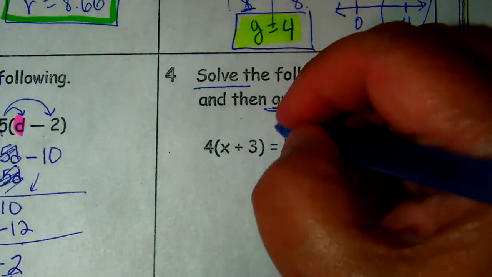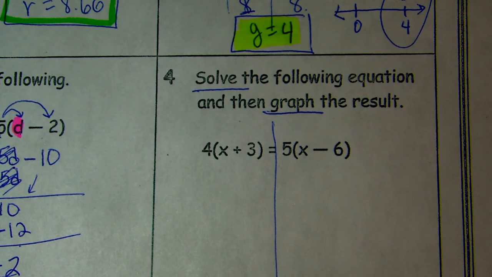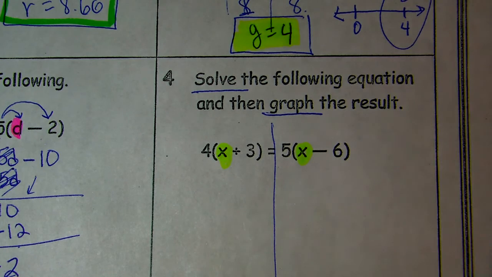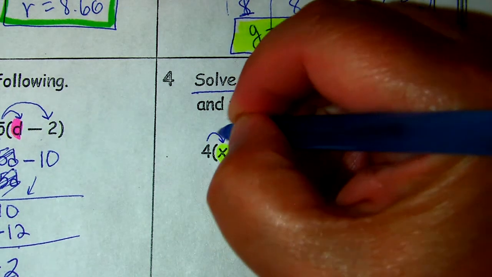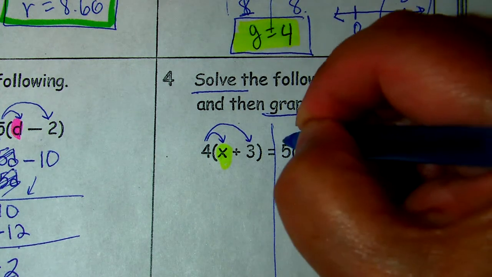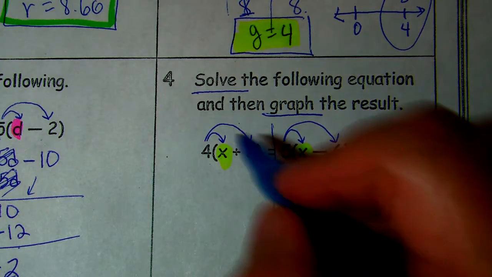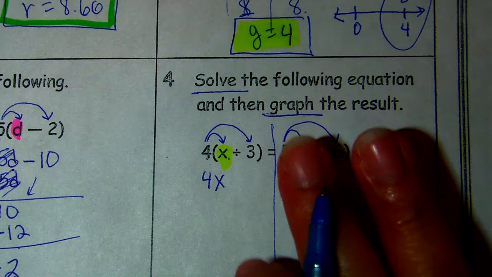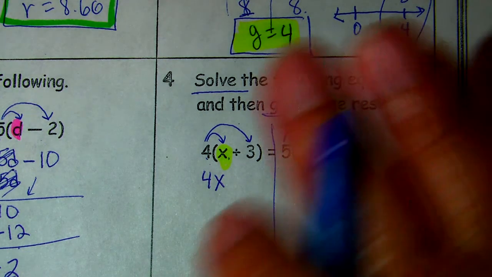And again, we have parentheses. So we're solving for x. Parentheses, what do we do? Distribute. All right. 4 times x, 4x. Remember, you can pause and stop the video as you go along, okay?